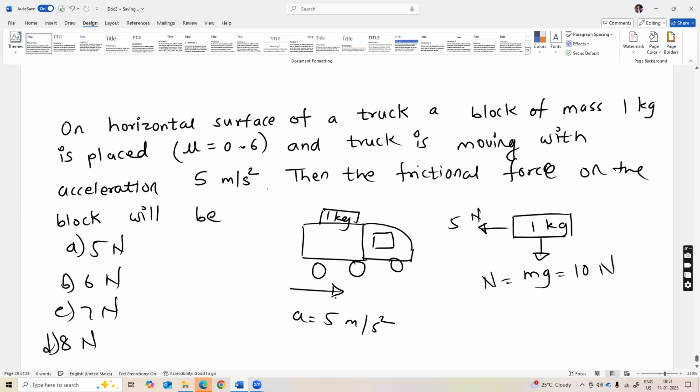The limiting frictional force fl is mu N, so it will be 6 Newton. In this case the limiting frictional force is more than the pseudo force acting on this object, and therefore the frictional force acting on this object will be equal to the force acting on it, which is 5 Newton. So it is the correct answer.